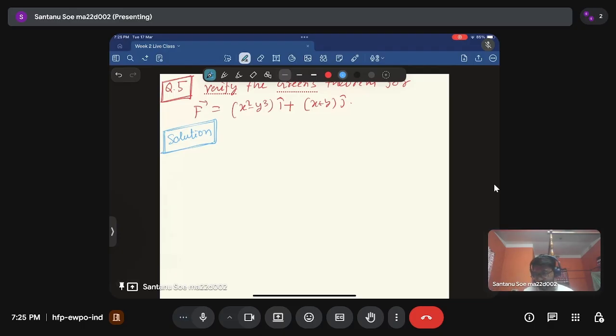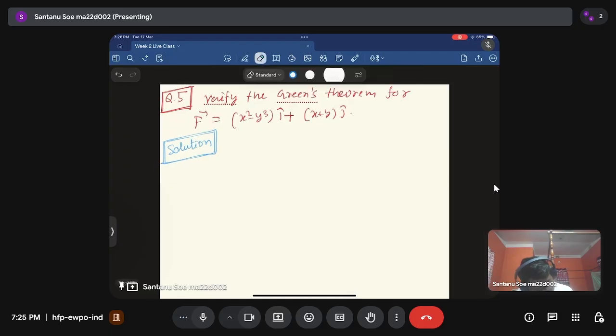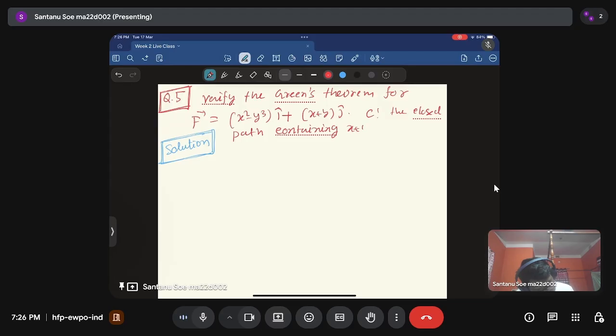Here C is the closed path containing x plus y equals 0, x square plus y square equals 16, and y equals x in the first and fourth quadrant.